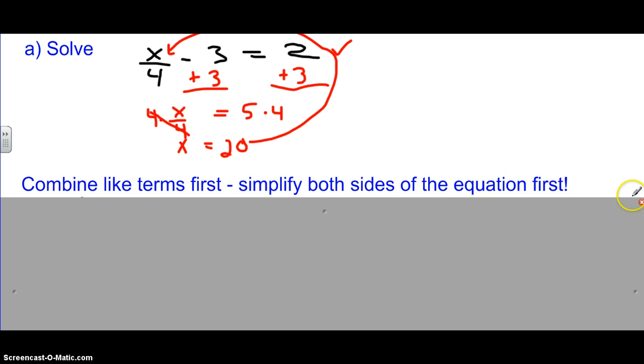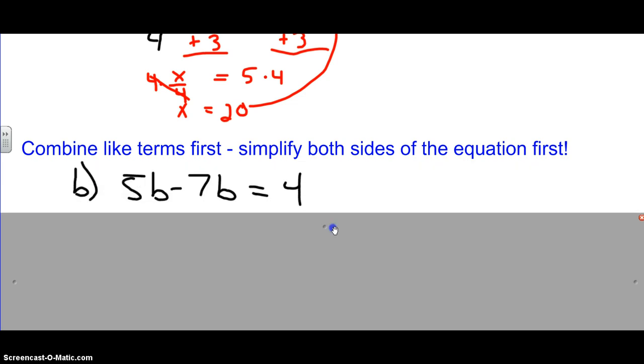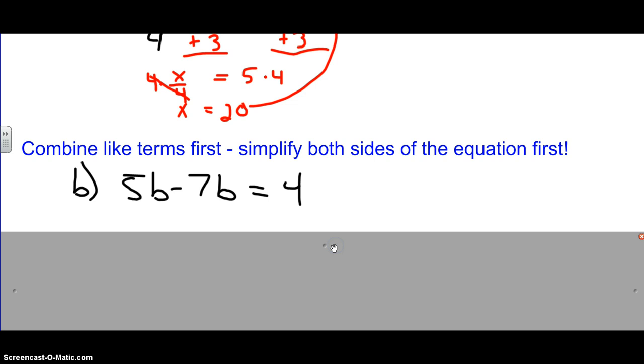Okay, let's see. We need to combine like terms first if we receive a little more complicated equations, and then we'll simplify and solve. So in this example, the left side of the equation is in a position to be simplified, isn't it?